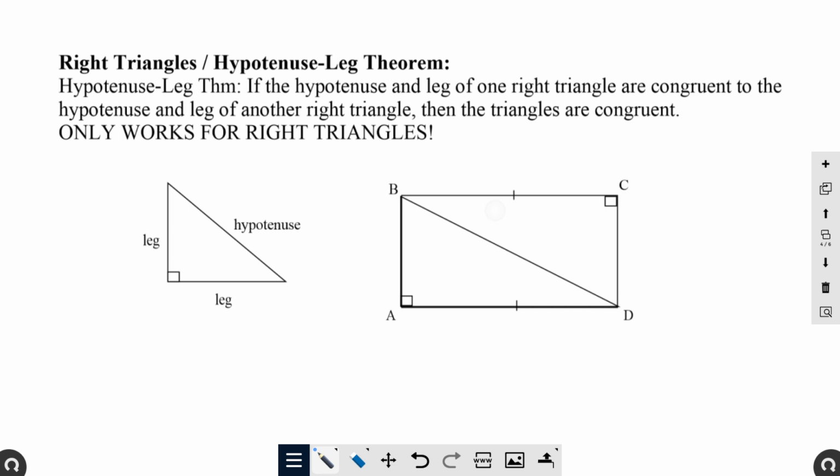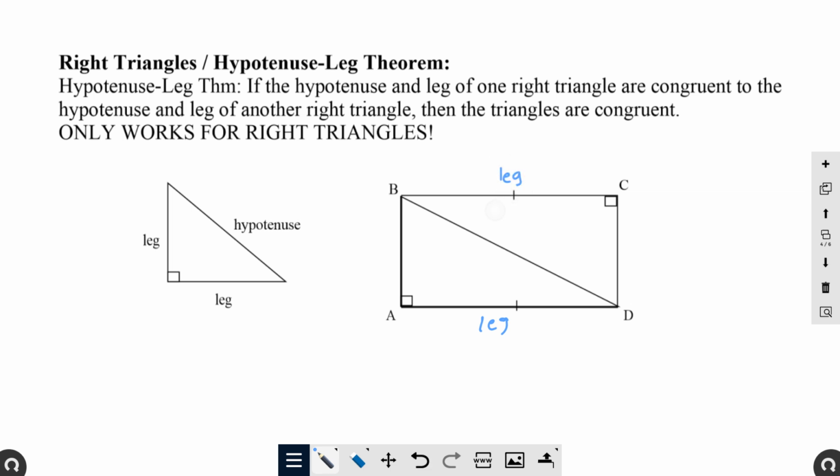This bottom triangle is a right triangle because we have a right angle at A, and this top triangle is a right triangle because we have a right angle at C. And we have marked that AD is congruent to BC. Well, is AD a leg or hypotenuse? It's a leg because it touches that right angle. What about BC? It's also a leg because it touches the right angle.